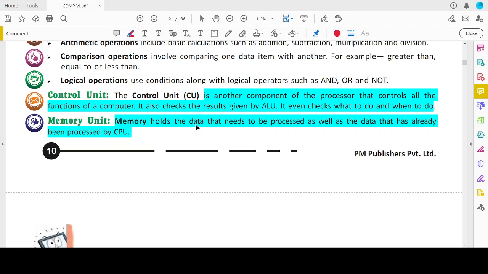So that is also there in the memory unit. The processor will act on the data, execute the instruction you have given on the data, and store that processed data in the memory temporarily, till the computer is having power. When you switch off, the memory unit will lose its content.